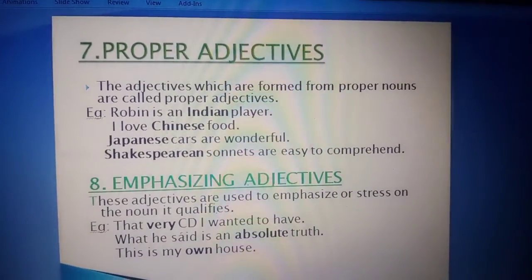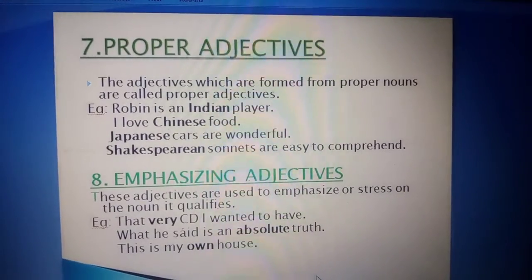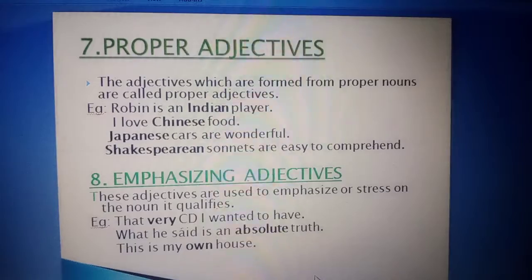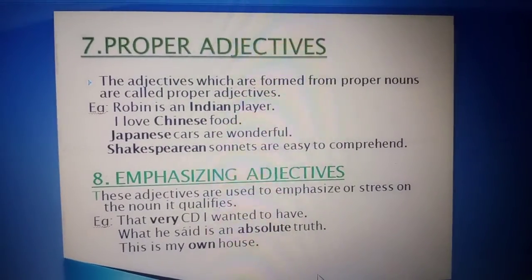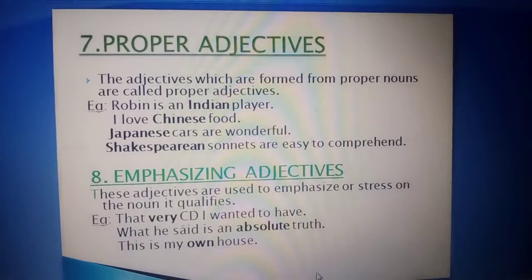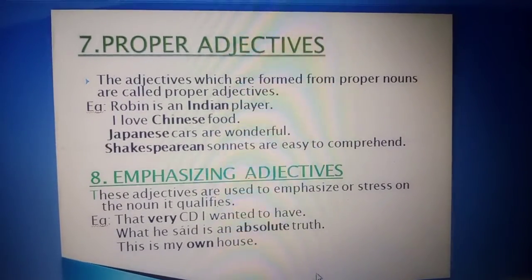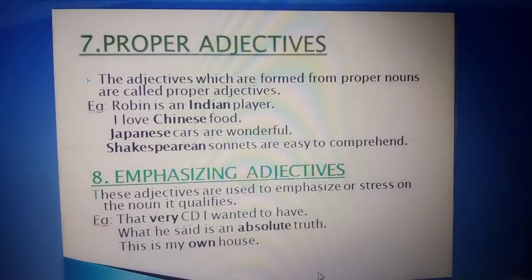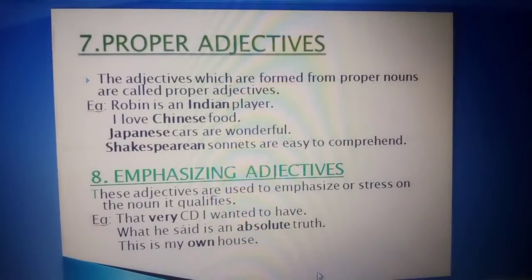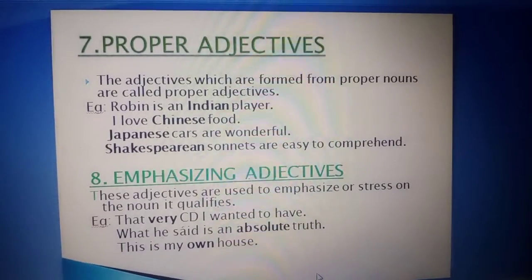Second one, I love Chinese food. So here Chinese word has been derived from China. So it is also an example of proper adjective. Japanese cars are wonderful. Japanese word from Japan. Shakespearean sonnets are easy to comprehend. Here Shakespearean means it has been taken from Shakespeare.